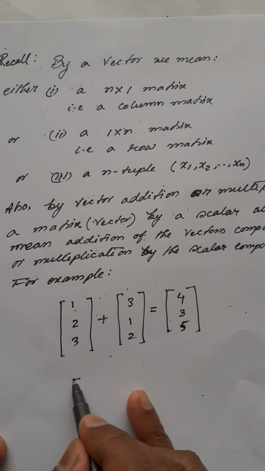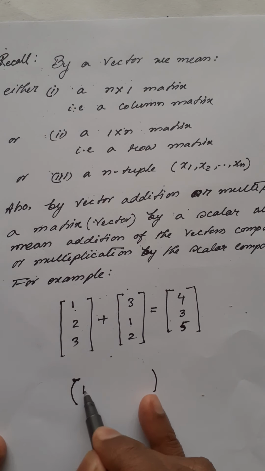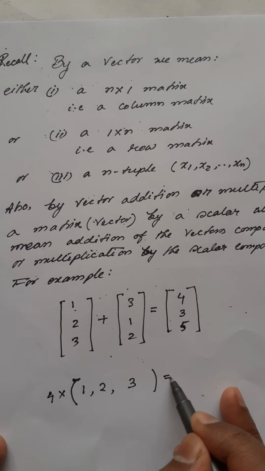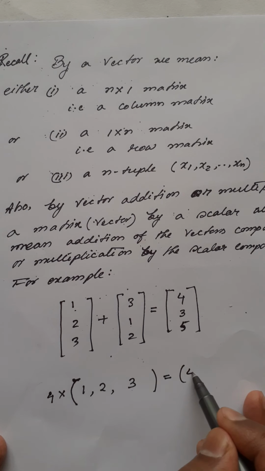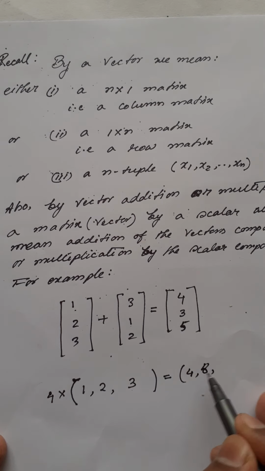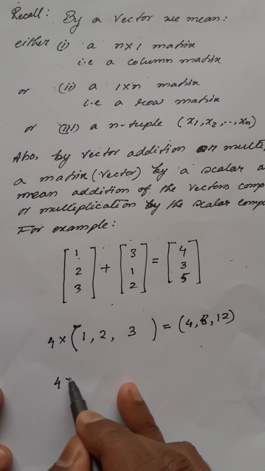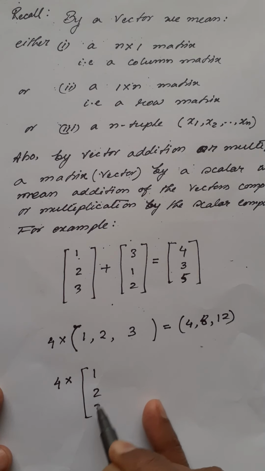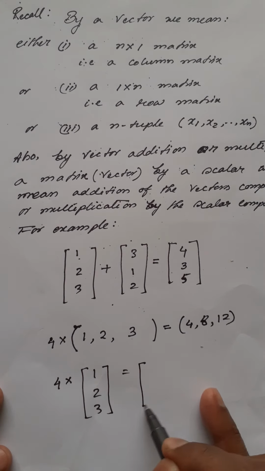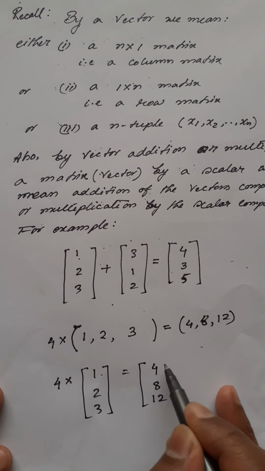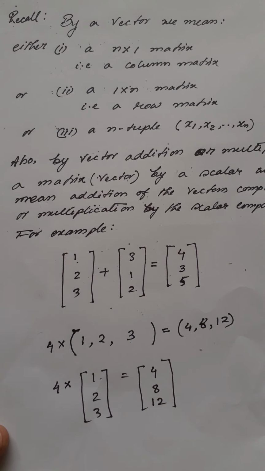Or if I multiply this vector by the scalar 4, it is 4 into 1, 4, 4 into 2, 8, 4 into 3, 12. This is how we add two vectors or multiply a vector by a scalar.